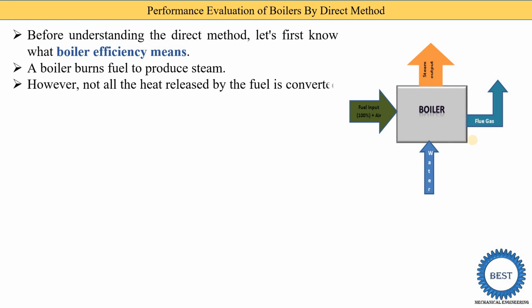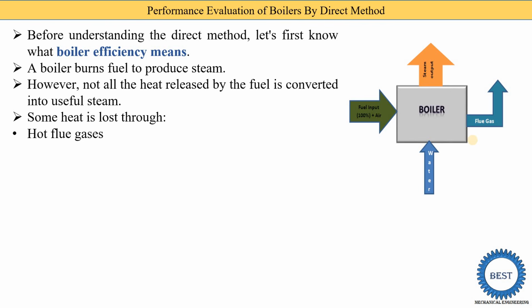However, not all the heat released by the fuel is converted into useful steam. Due to combustion of the fuel some amount of heat is produced, and not all of this heat is absorbed by the water. Some is lost in various forms. Some of the heat is lost through hot flue gases. Here the flue gases come out from the boiler, so the heat is lost to the atmosphere.